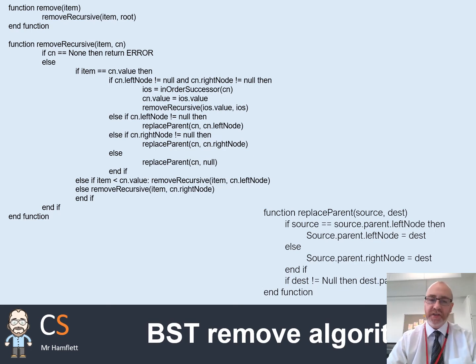You might look at this code and go, that's really hard, and that's fine. I'm not expecting you to be able to read this level of code, nor would I expect you to be able to code it. Those of you who are a little bit more savvy with your recursion and your coding may wish to have a read through this code and try to understand it and see how you get on with that.